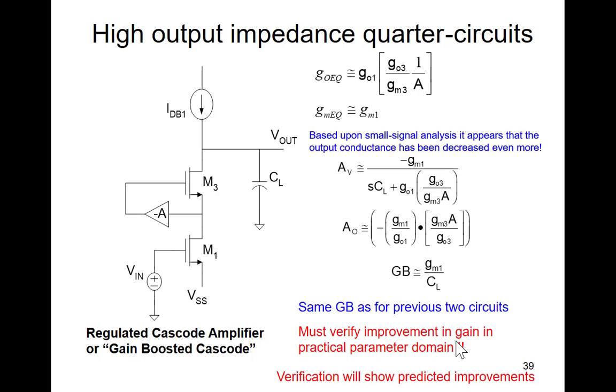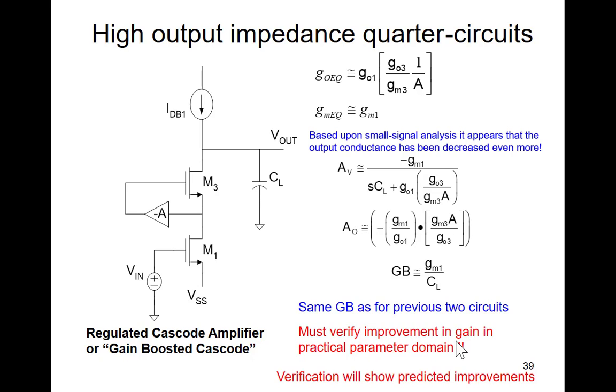Previously, once we set the gain, we used the power to set the GB. GB increased linearly with power. All of the power went to establishing GB. Here, we have to funnel off some of our power to bias the A amplifiers.